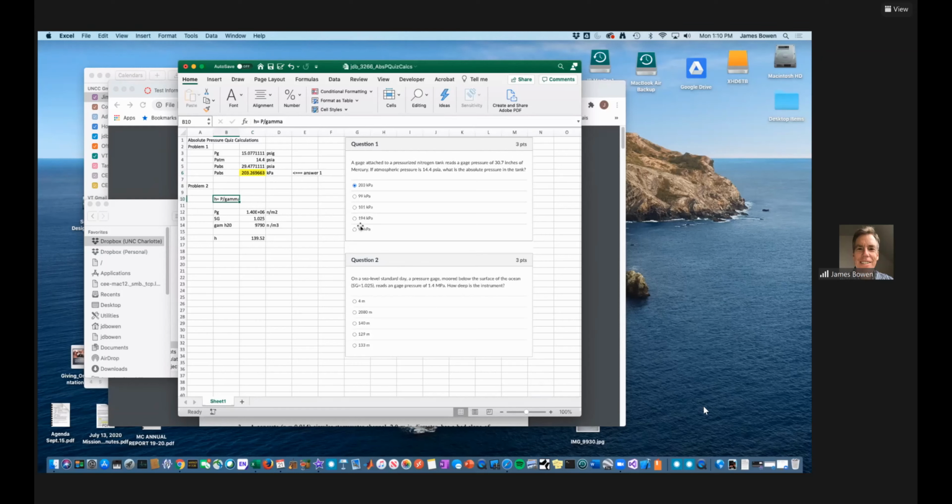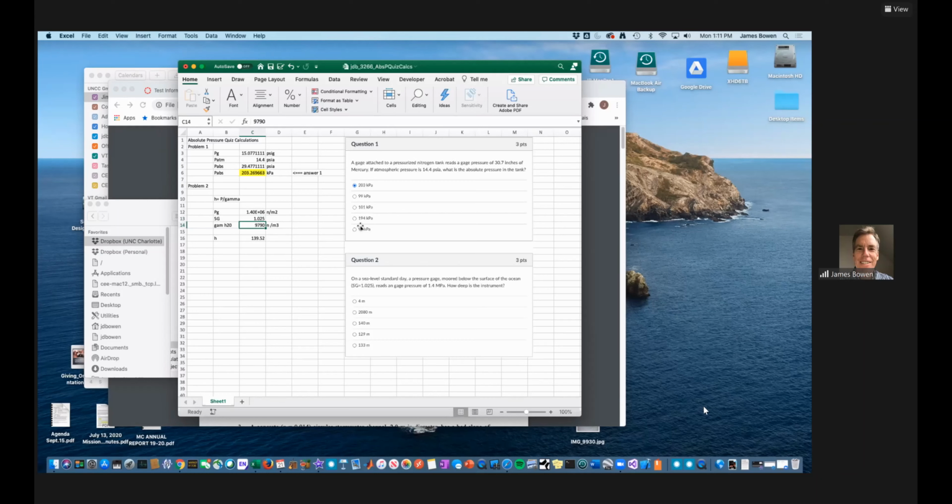The equation we use is P over gamma. Since we're given the pressure as a gauge pressure, we don't have to subtract atmospheric pressure. We're also given the specific gravity of the water. So we can use that specific gravity and the gamma of water to get the gamma of our liquid.